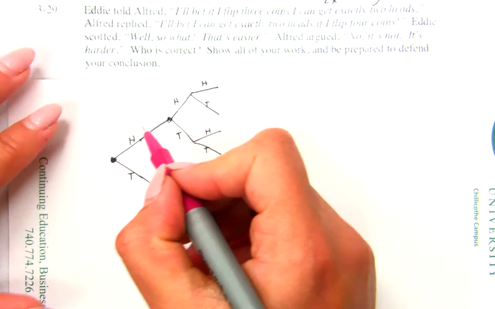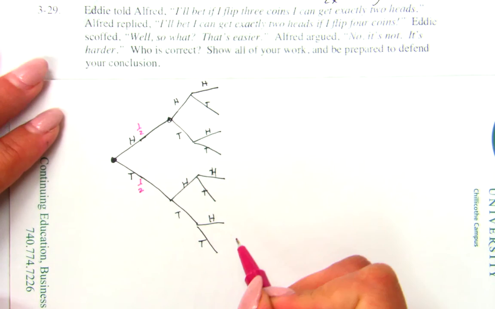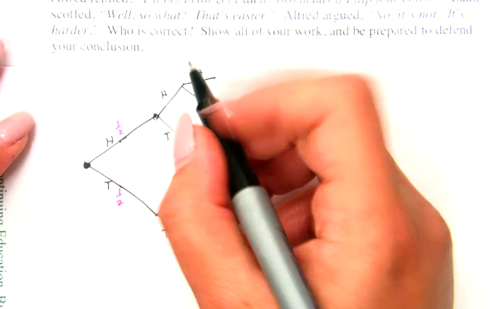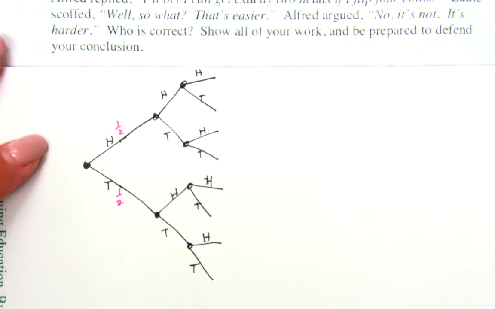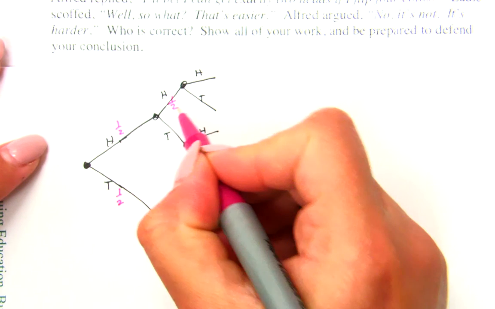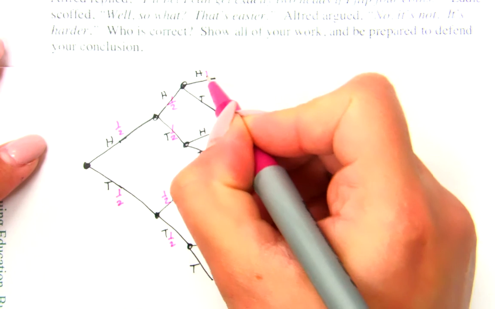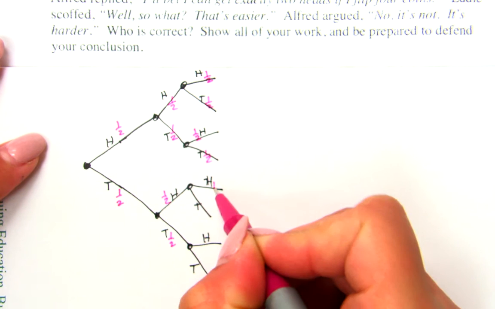Okay, now let's see. We have 50%, so 1/2 on each one. This is flipping 3 coins. Each time you flip a coin, it is still 1/2 and 1/2.